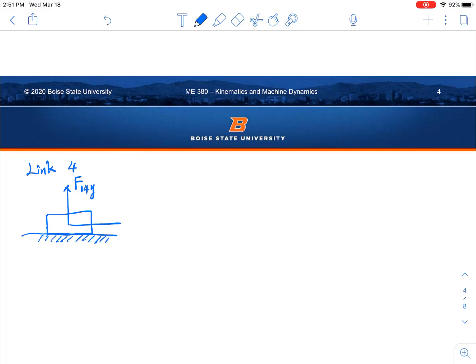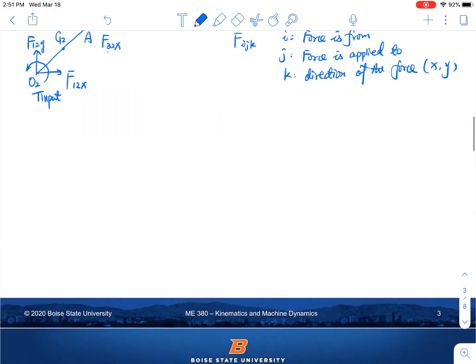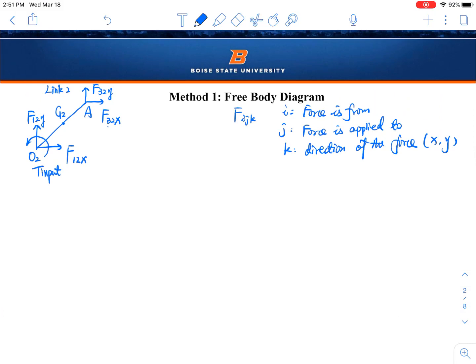So you also have a force applied by link number 3. So that's F34x and then F34y, right? And then the center of gravity, which is G4. Make sense? So up to this point, we draw 3 free body diagrams. Then we can derive the equations.